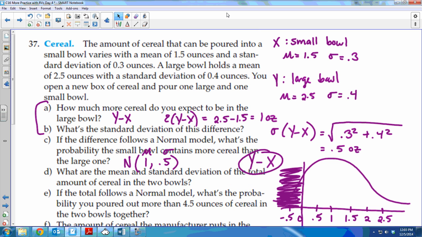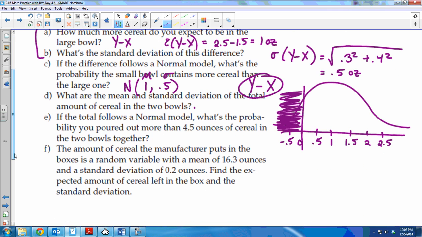So the answer to the question I had up here was 0.023. Well, that'll do it. So your probability is 0.023. That's the answer to that question. The probability that the small bowl contains more cereal than the large one, 0.023. Okay?